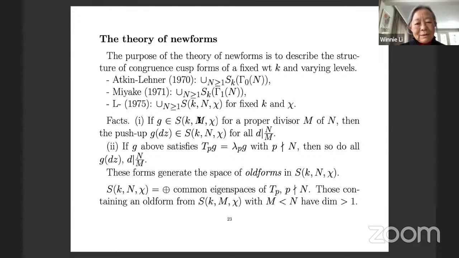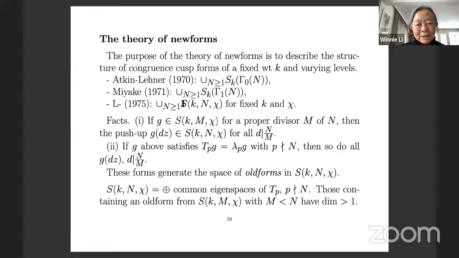So for one g with a lower level, we actually produce several forms coming from g, and we call these g(dz) the push-ups of g. Moreover, if g itself is an eigenfunction of the Hecke operator T_p for p not dividing N, with eigenvalue λ_p, then so are all the push-ups.